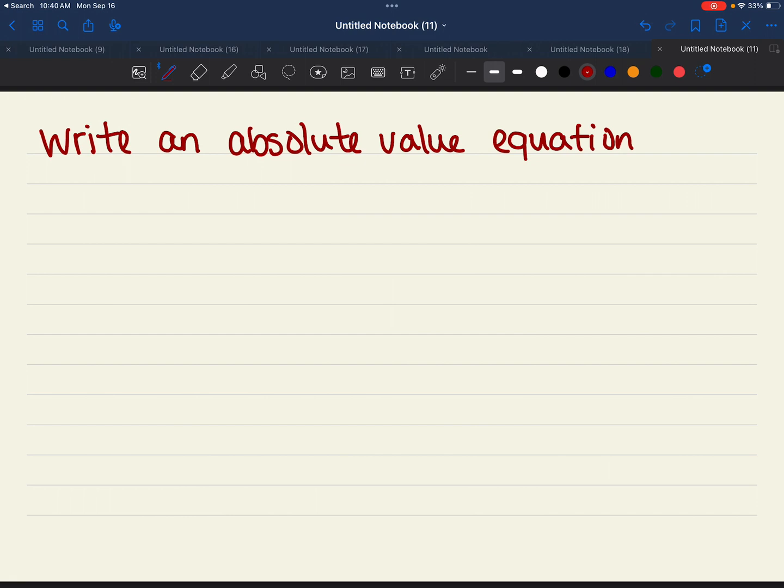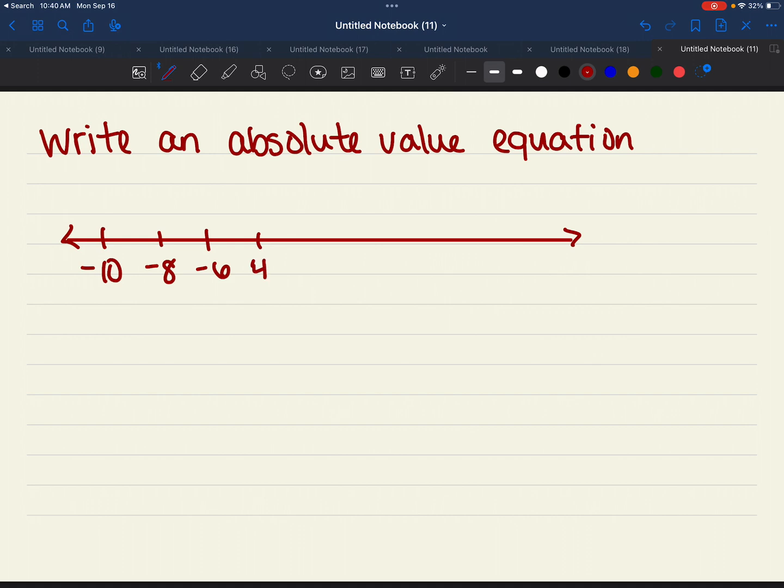We're going to write an absolute value equation, if they give us a graph. So let's say they give us this graph.